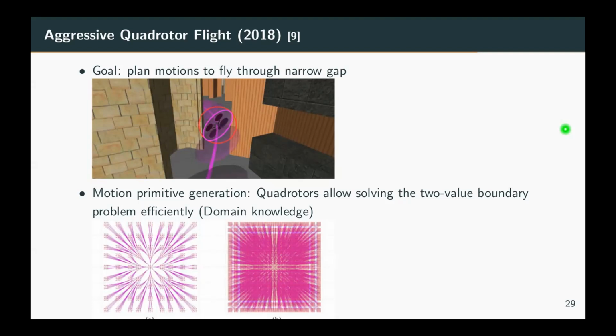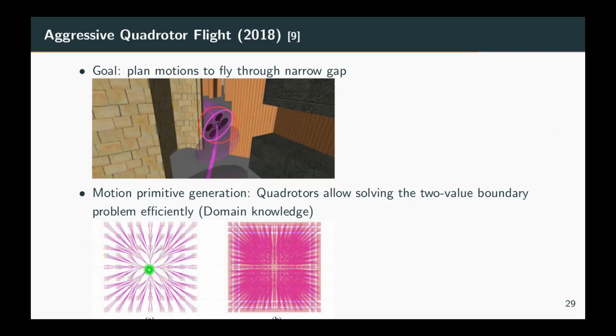And so what they actually did was generate their motion primitives using domain knowledge. They used some existing work on how quadrotors can move on polynomial-like curves, and then arbitrarily decided the discretization, and then they could compute the motion primitives in that case.